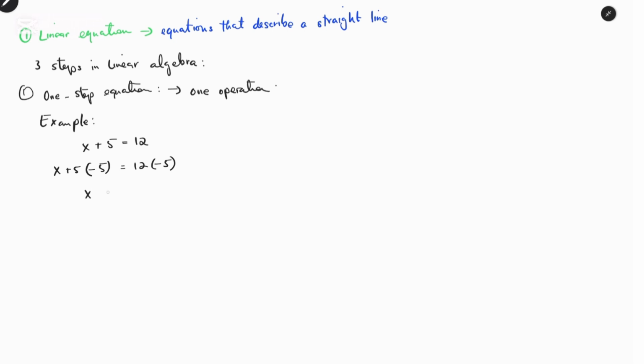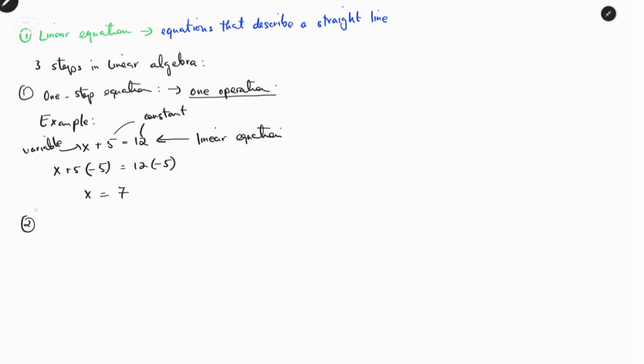Now you should have x is equal to 7. So we have only one operation done in this linear equation. So this is nothing but the linear equation, where it has a constant and a variable.